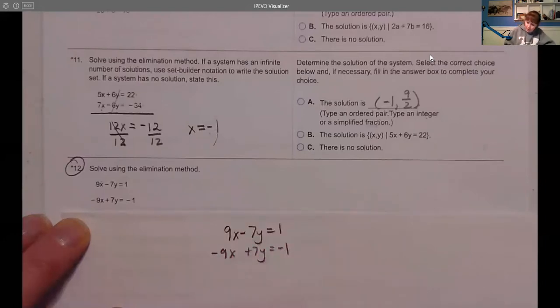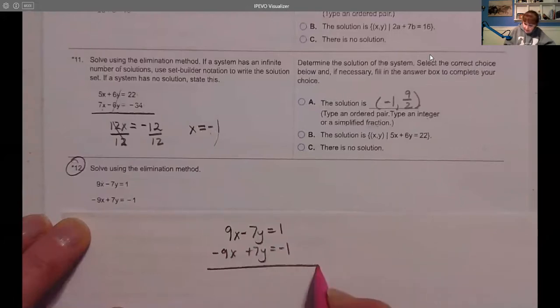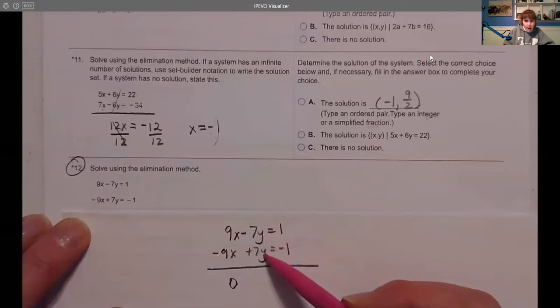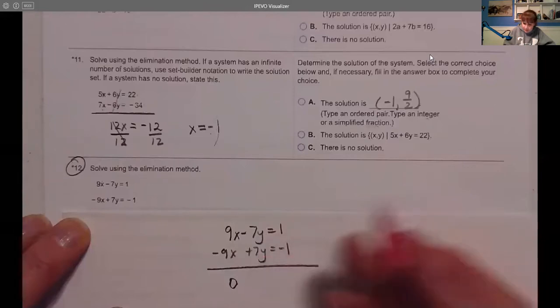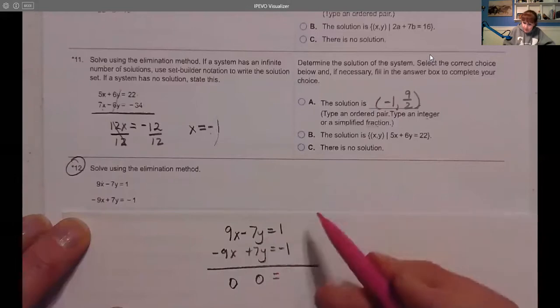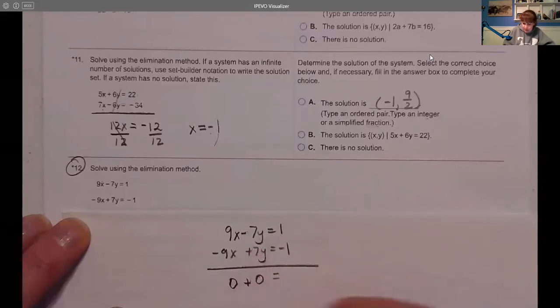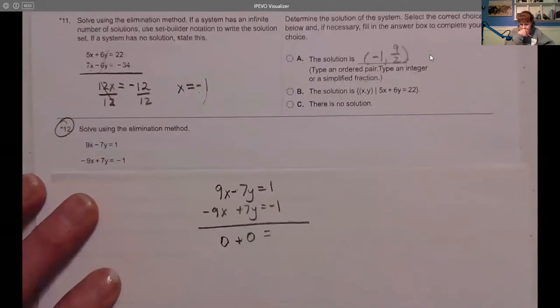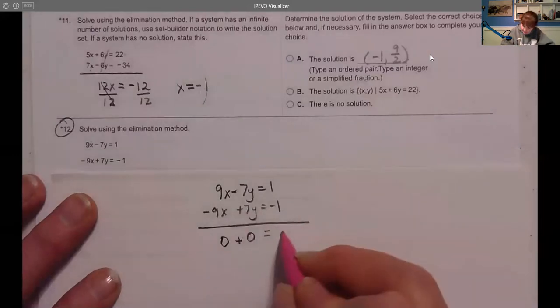Okay, so here when I add these together, 9x and -9x is 0. -7y and +7y, they also drop out. There's nothing there. Equals, okay, I guess we have our plus or whatever. 0 is neither positive or negative, so it doesn't matter. We'll put a plus. 1 plus -1 is 0.